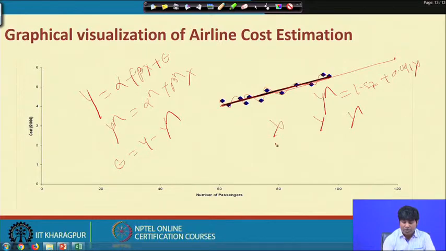Now for every x, let us say x1, we have y1 and we have y1 hat. Similarly for x2 we have y2 and y2 hat. So for every x we have an actual y and a predicted y.